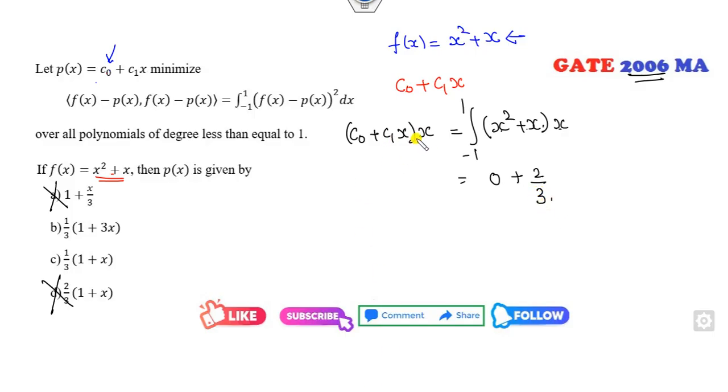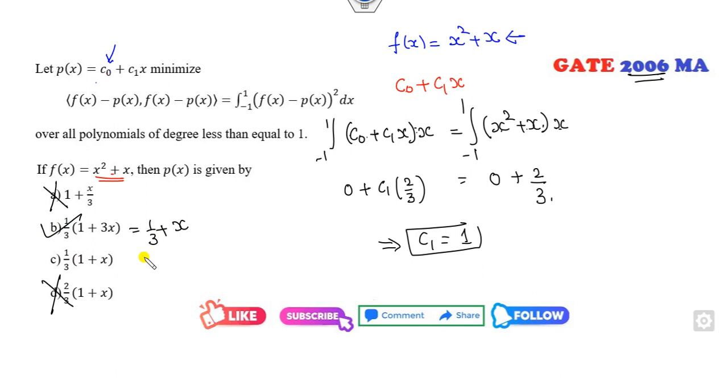Fine. Now I can integrate this part. So it will be c naught x. C naught x will be 0. C1x will be 2 over 3. So what is the answer of the C1? C1 will be 1. And you can see if I open this bracket, it's of this. And if I open this bracket, it is my 1 over 3x. So this option is wrong. B is the right answer.